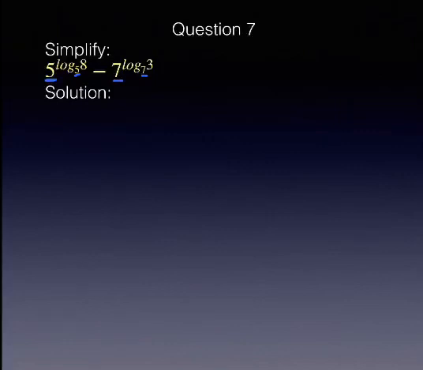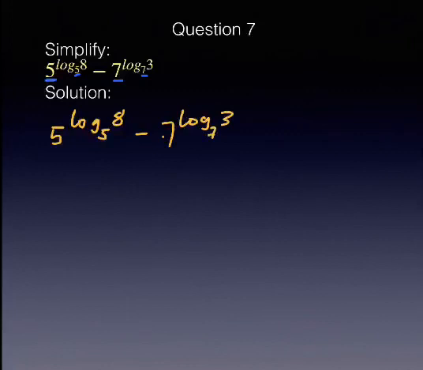So let's now do this question. I'm going to rewrite it. It's 5 to the exponent log 8 base 5 minus 7 to the exponent log 3 base 7. So there's nothing much to solve, since this is rule 7 that we're applying.